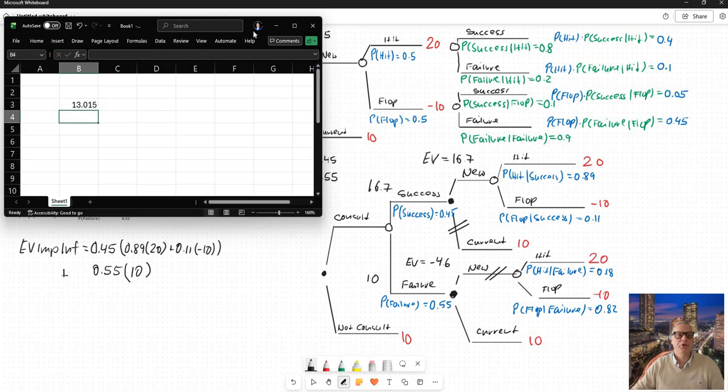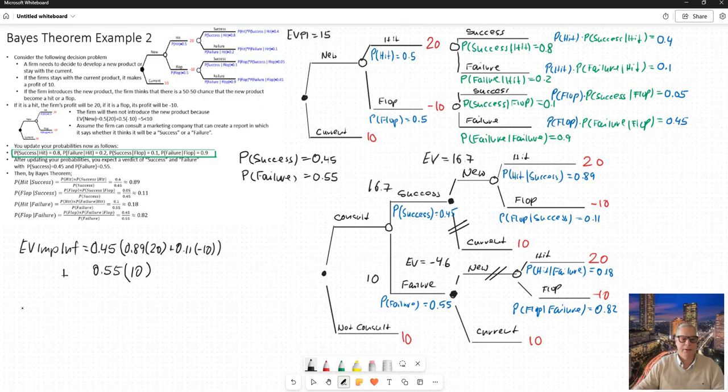So that's 13.015. So that expected value is only 13.015.